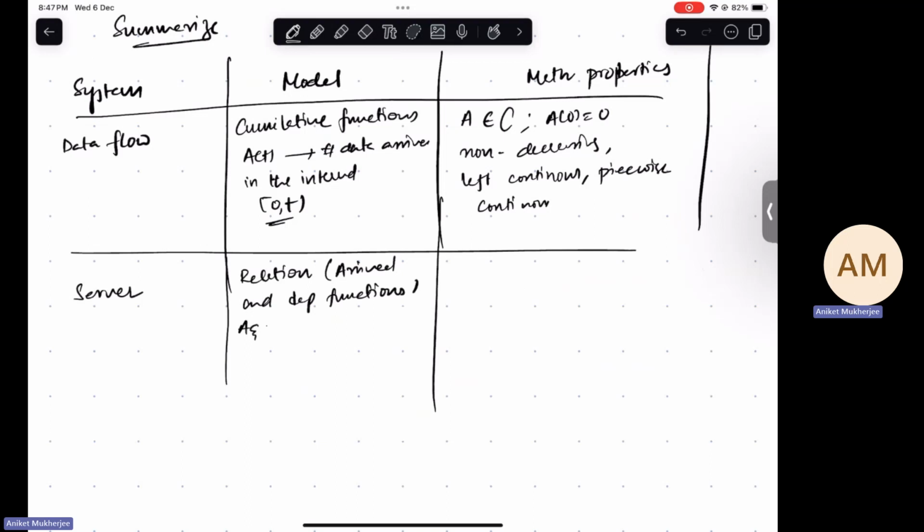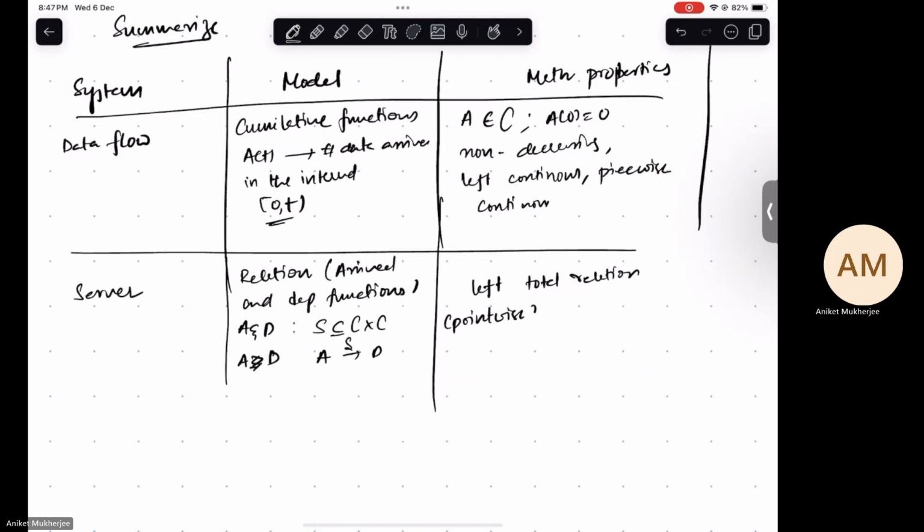So a relation between A and D, such that you have a set of these tuples where A is greater than or equal to D. The property is a left-total relation. So pointwise, A is greater than or equal to D.